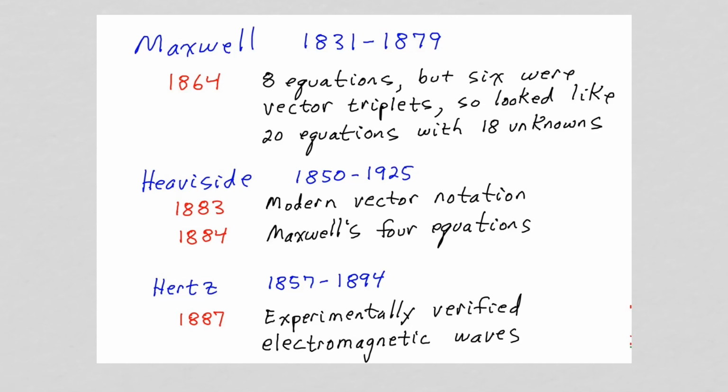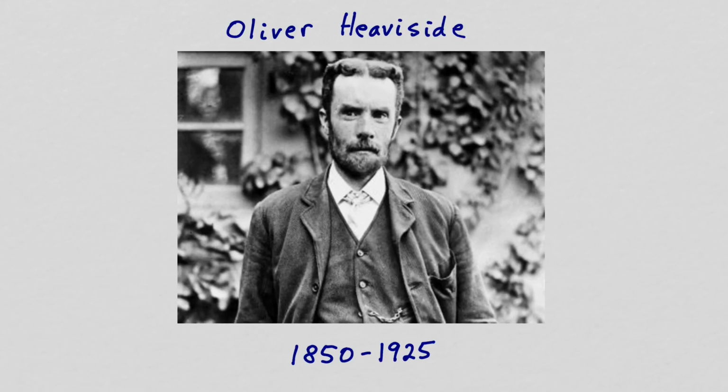Oliver Heaviside was only employed briefly during his life as a telegraph operator. He spent most of his life living off his family and doing electrical engineering. He had a habit of alienating people and so was not very well liked, which could explain why he is not better known today.